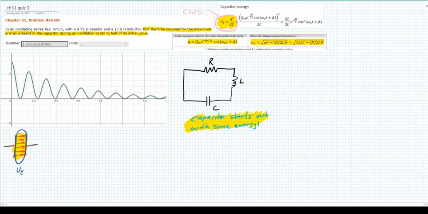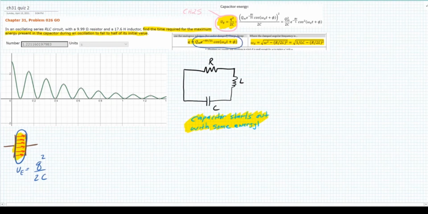This is the electrostatic potential energy equals Q squared over 2C. And what we did with this chapter 25 expression, which was derived, we said, okay, well, I'm going to square Q. So if it's Q squared, I'm going to take this expression and square it.